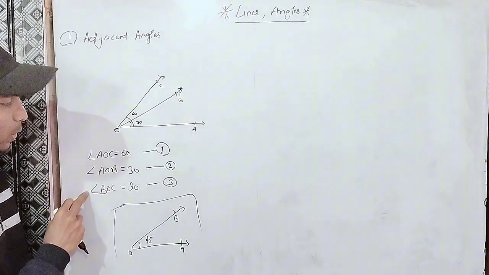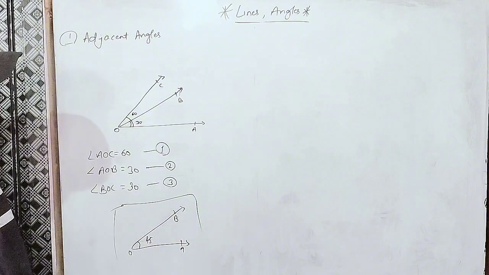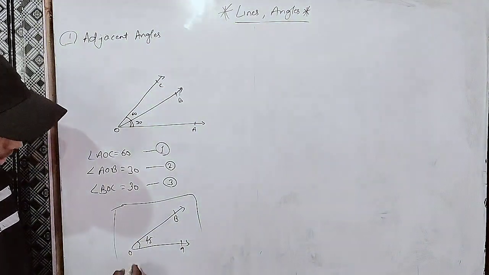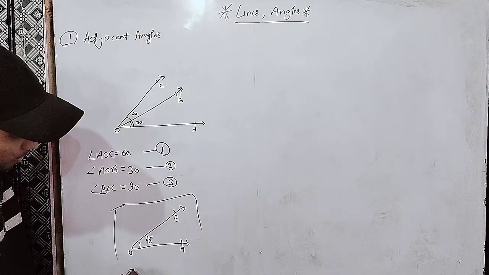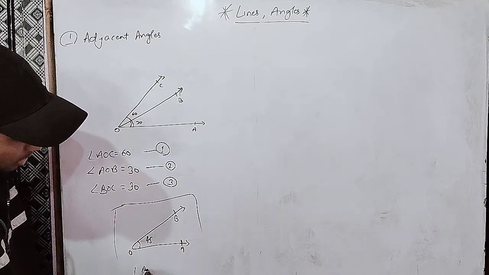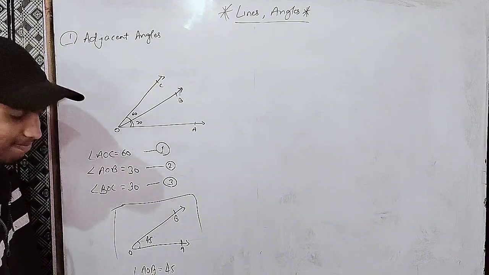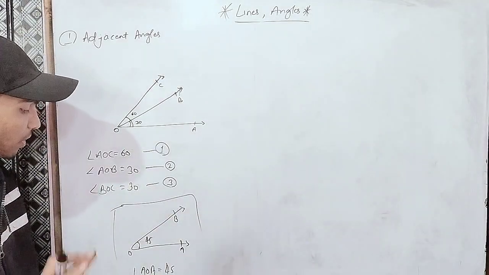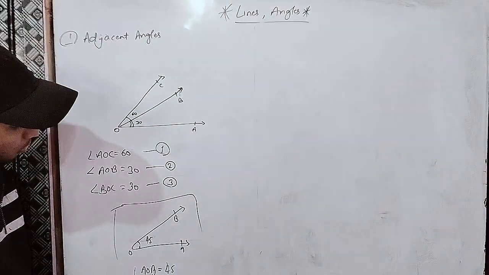And this is a way to write in mathematics. So angle AOB is with 45 degree. Are you understanding or not?